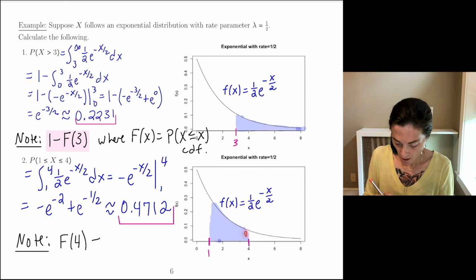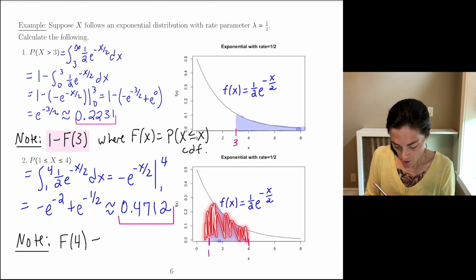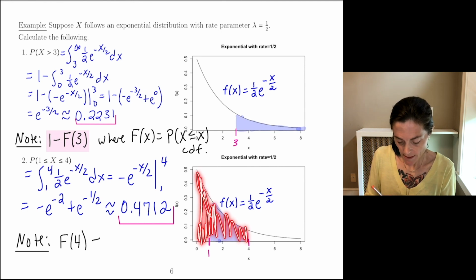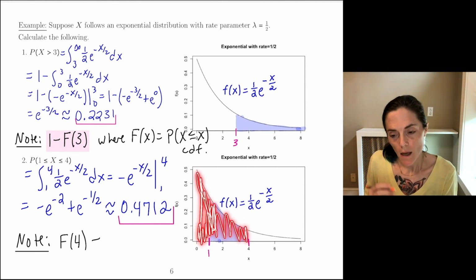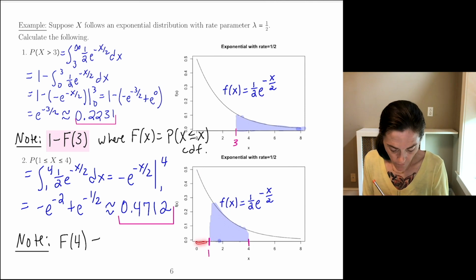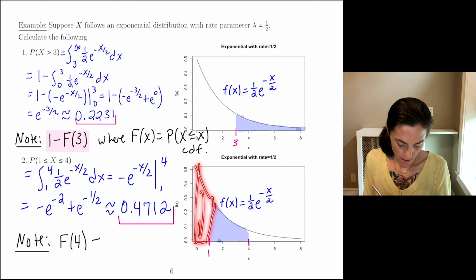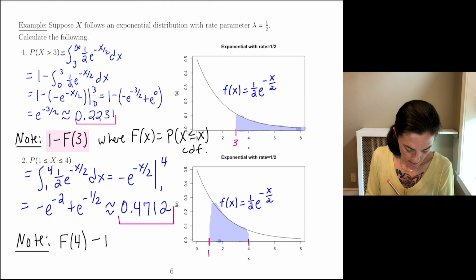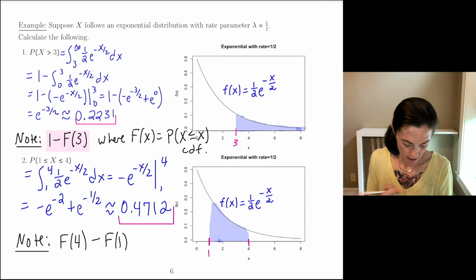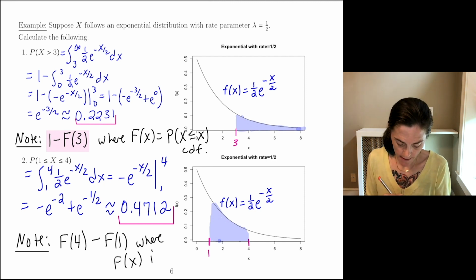This would give me all of this, but also down to here. And that's a little bit too much. So then subtract off this part. So minus like this, where I will just write it this way this time. Capital F of x is the cumulative distribution function.